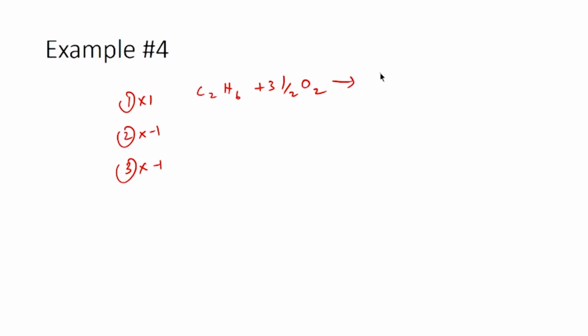So, the operations are equation 1 times 1, equation 2 times minus 1 and equation 3 times minus 1, so that we get C2H6 plus 3.5 O2 gives 2 CO2 plus 3 H2O, and the next equation would be 2 CO2 plus 2 H2O gives C2H4 plus 3 O2.